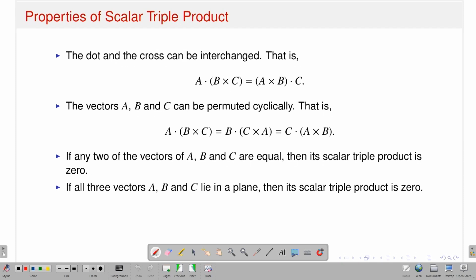If all three vectors A, B and C lie in the same plane, then the scalar triple product is 0.